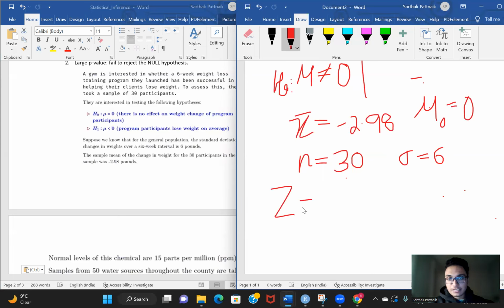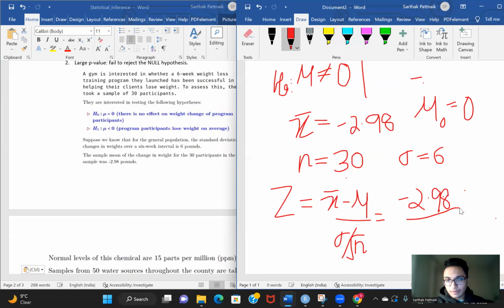If I have to calculate my z statistic, it will be x bar minus mu naught upon sigma divided by square root of n. Minus 2.98 upon 6 upon root 30.